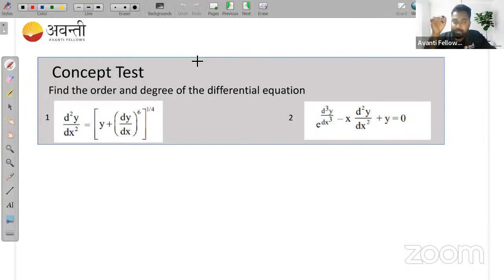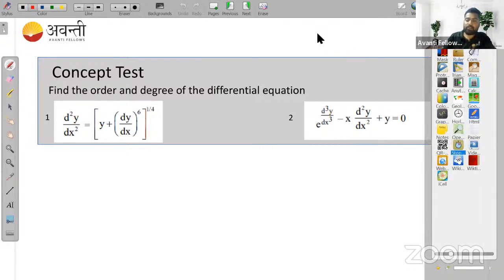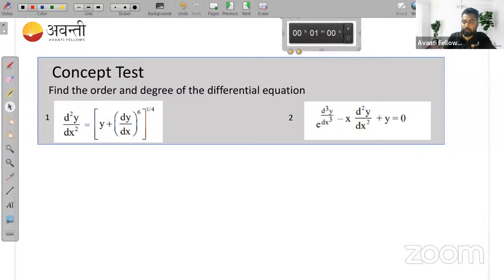Here you have a concept test. Find the order and degree of the given differential equations. For these questions, you have 1 minute. Let me know what the answer is, and your time starts now. Guys, solve fast.